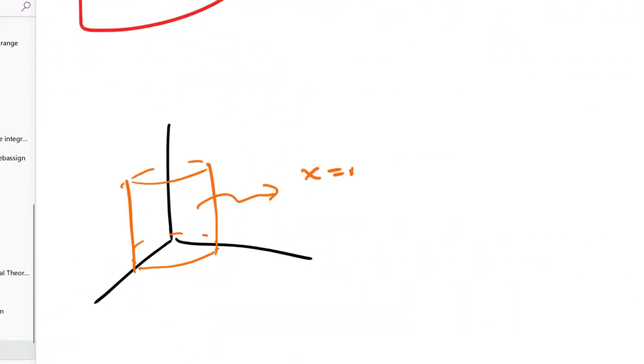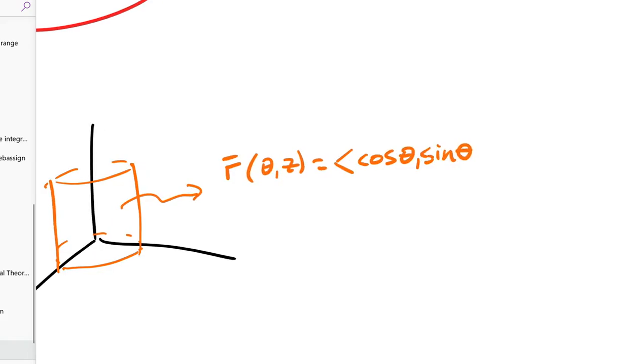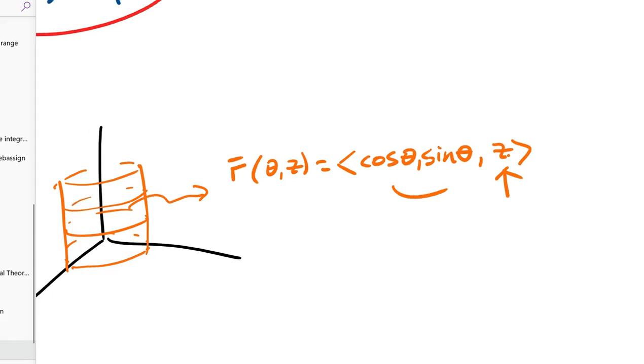So you could have r of theta comma z being cosine theta, sine theta, and then just z itself. So for every z value, you get a new circle. So it's just a bunch of circles, one on top of the other. Okay, there you have it.